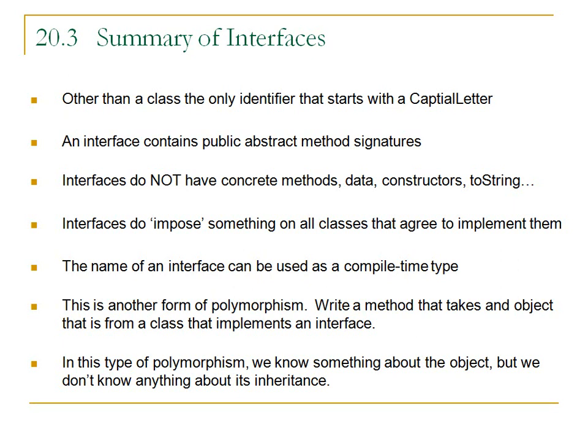And the key to using this is that the name of an interface can be used as a compile time type. So we looked at a case where we would use the Noisy data type as a way of defining a method that could take in things that are noisy, and that might be dogs or cars or anything, objects of any class that have agreed to implement the Noisy interface.